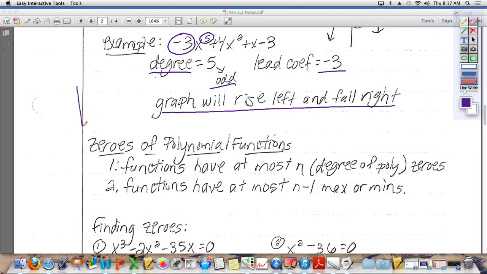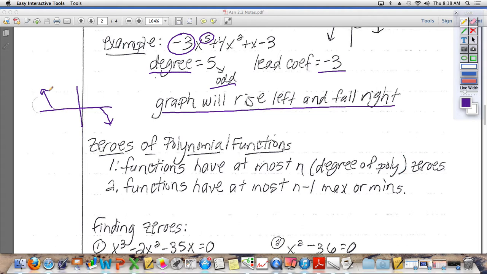So it will look something like this. We don't really know what's going on in the middle, but I know it's going to rise to the left. That means it's going to head down over here, and over on this side it's going to head up. Does that make sense? We're going to talk more about some other things that we can figure out to figure out what's going on in the middle here, but for right now, this is what we know.